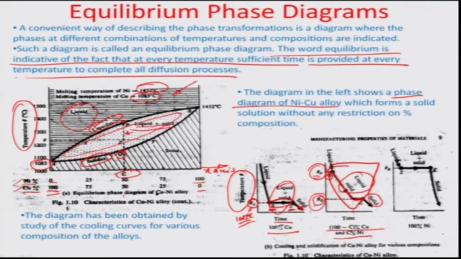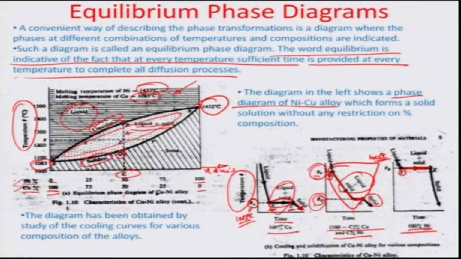So think of it that when we talk about 100% nickel, obviously there is going to be 1452 degrees Celsius temperature, where it is going to be just as with copper. There is going to be a solidus point, and a liquidus point beyond which the solid plus liquid would be there, but it will exist at the same temperature. Okay.